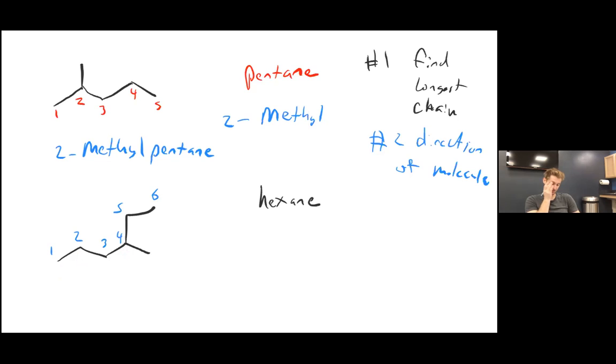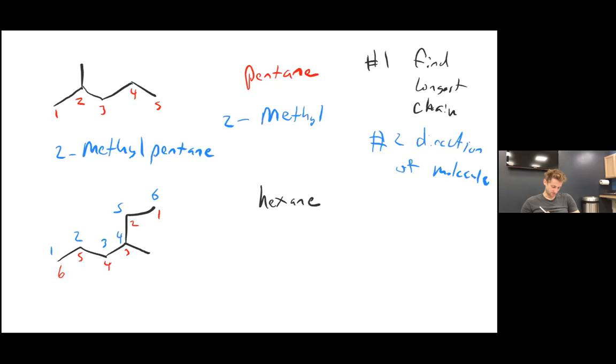From here, we got 2 different options, left to right or right to left. We've drawn in left to right. So right to left would be 1, 2, 3, 4, 5, 6.